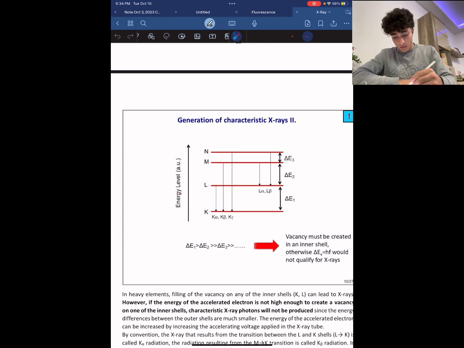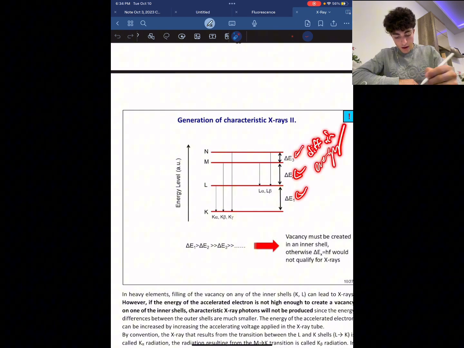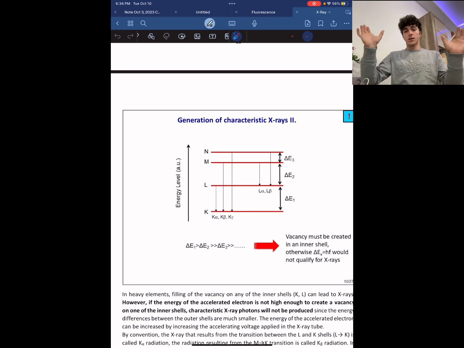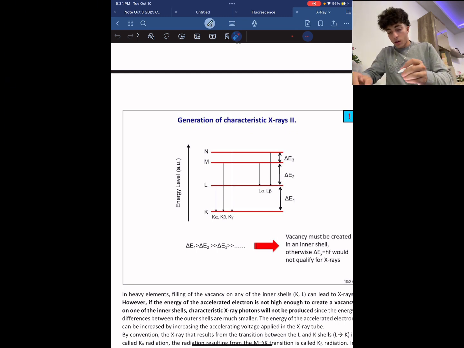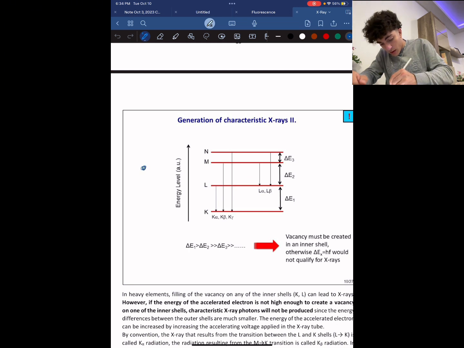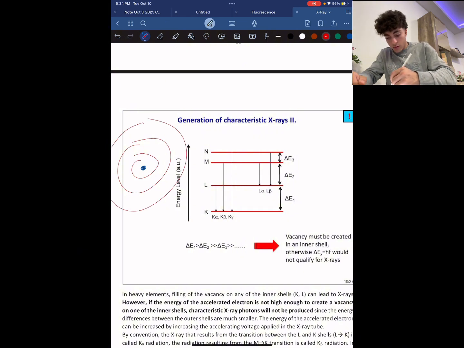Now, here is the difference in energy. Okay, and this is very, very easy to understand. So let me draw this for you guys. Let's say we have a nucleus. Then we have a bunch of energy levels. What's this called, the one in the innermost? K, L, M, keeps going.